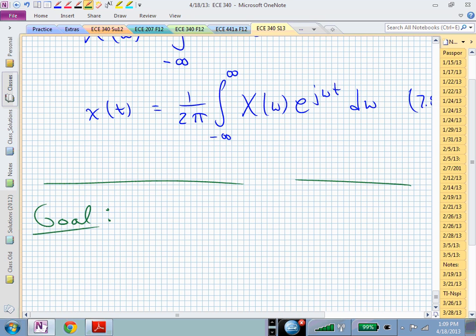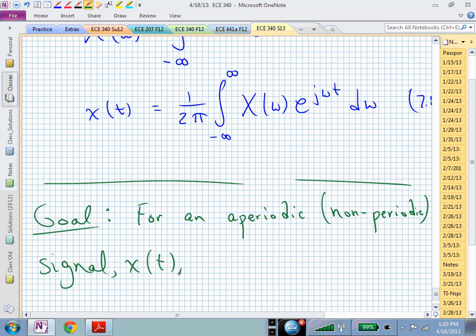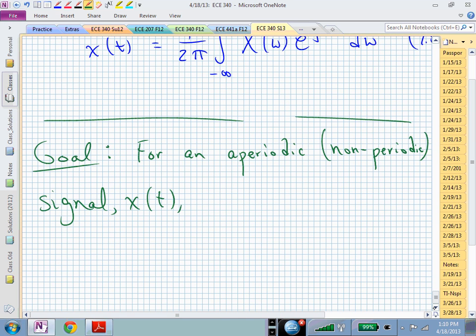What's our goal? Now we want for an aperiodic, which just means that this is not periodic, we want to figure out if you're given an x of t that's no longer periodic. If it was periodic, you could find its frequency content by doing some Fourier series analysis.